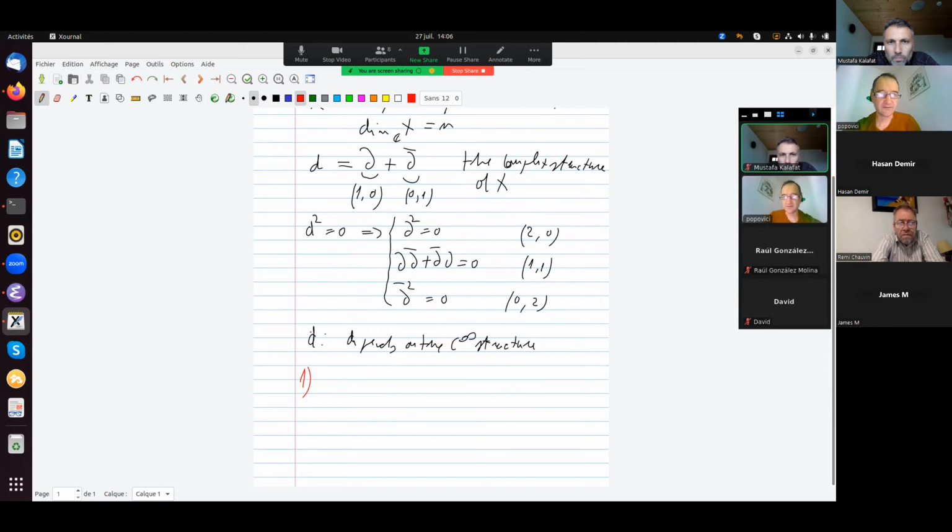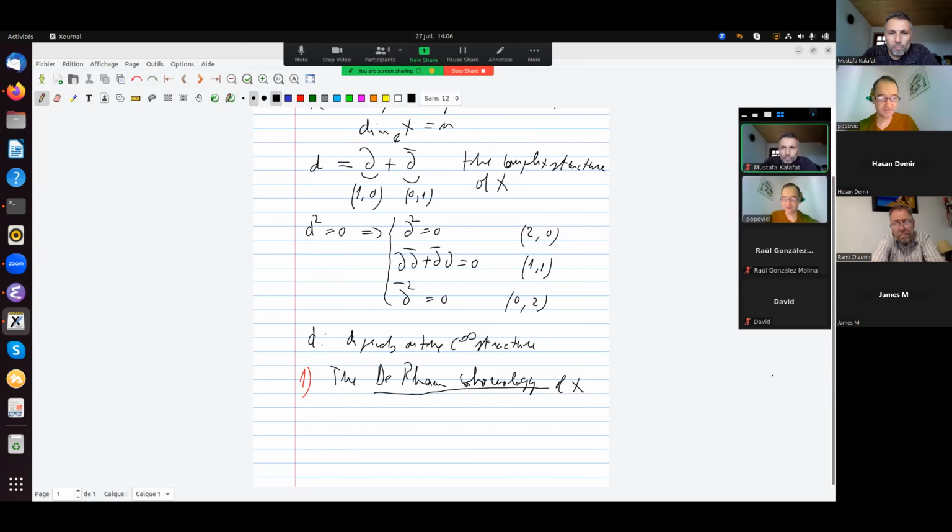So the de Rham cohomology of X. Because d squared equals 0, we get a complex.